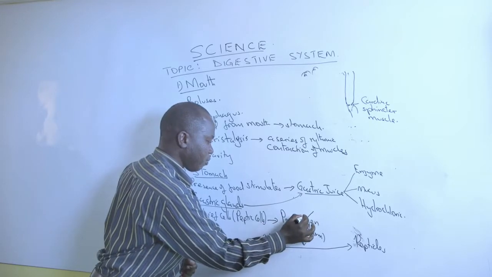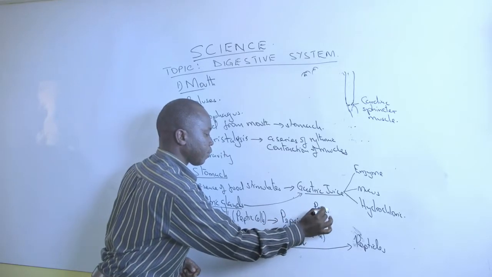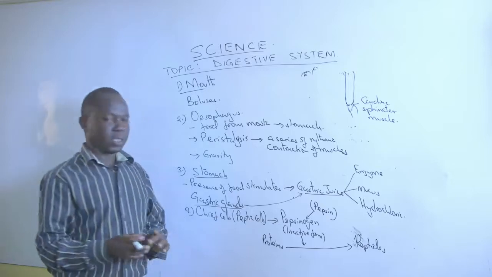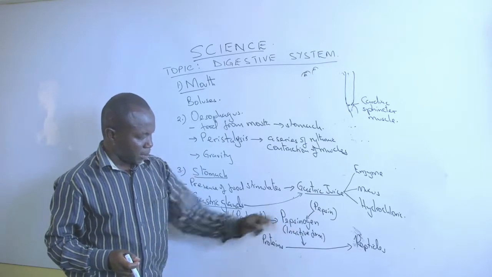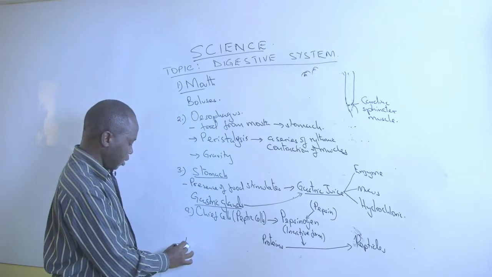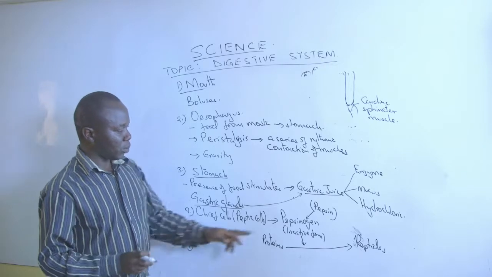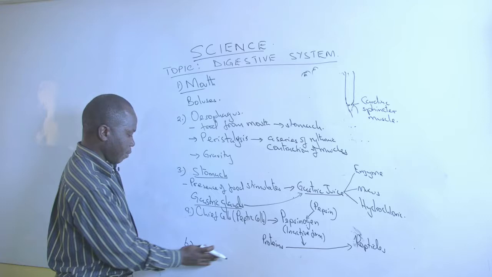The active form of pepsinogen is called pepsin. So how is pepsinogen converted into active form pepsin? Hydrochloric acid comes into place to convert pepsinogen into pepsin.